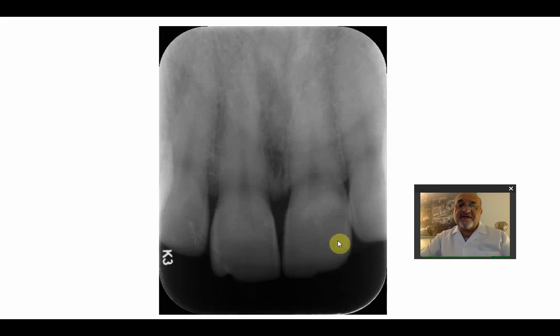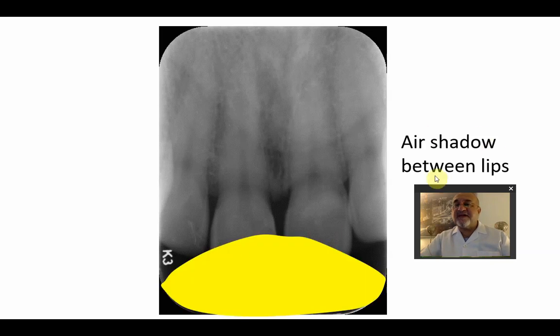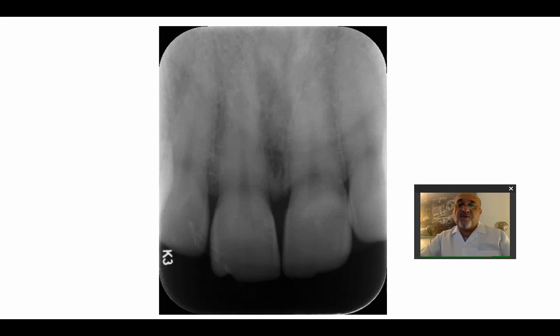See this line over here? Actually, this is the air shadow, the shadow of air that is present between the lips when the patient opens. This is the end of the lip.